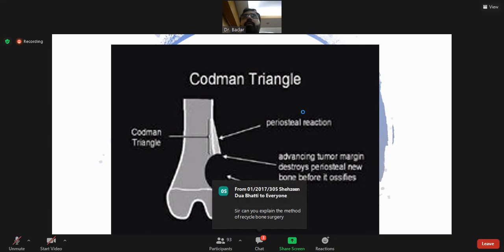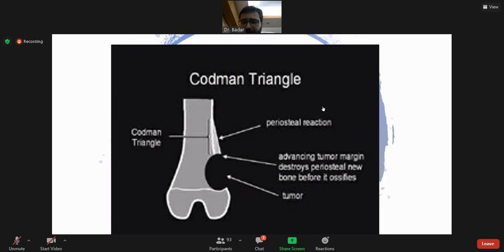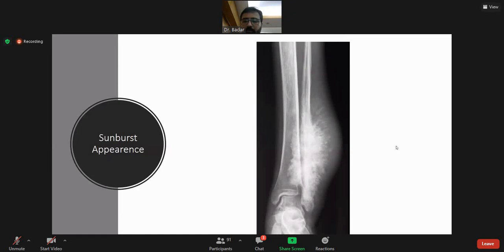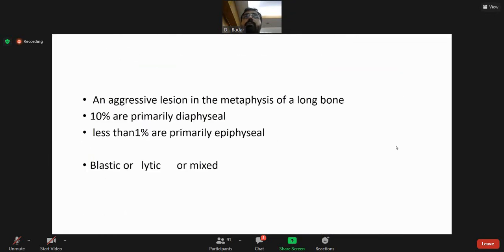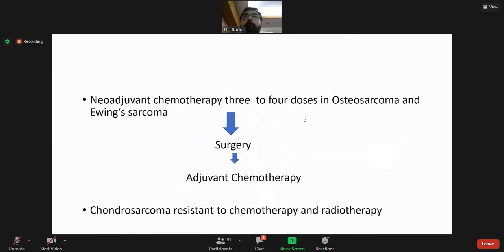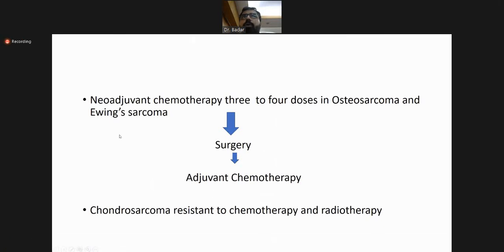Now see, this is the protocol for all tumors: neoadjuvant chemotherapy, then surgery, either marginal or wide margin resection, then chemotherapy.